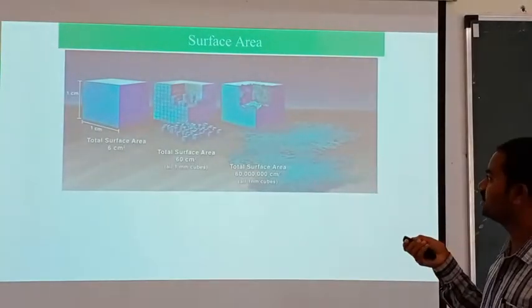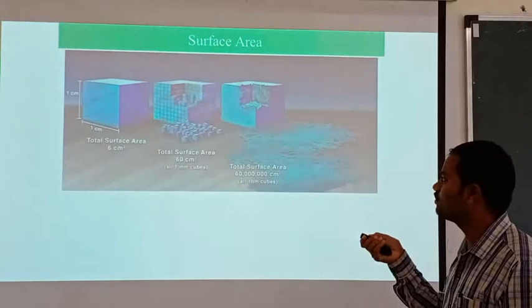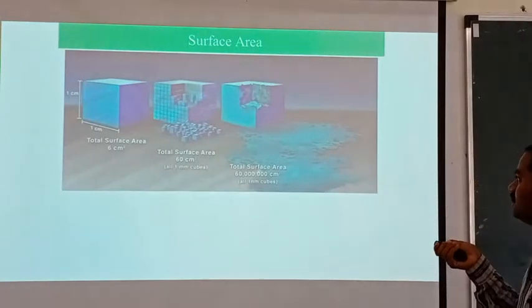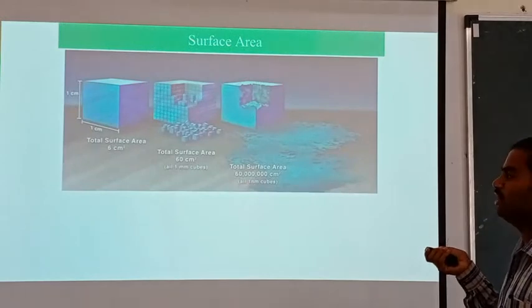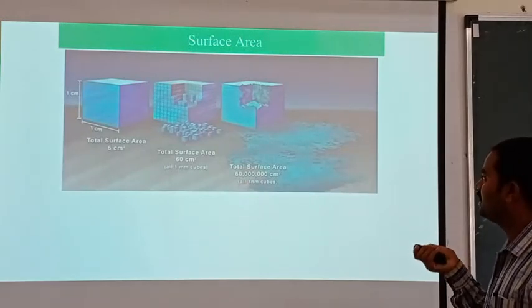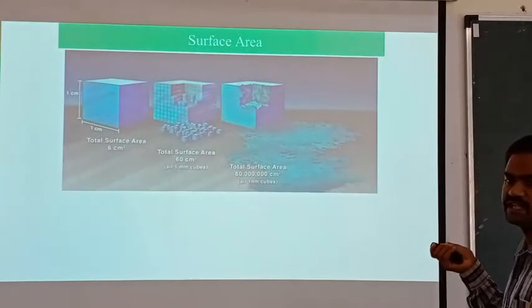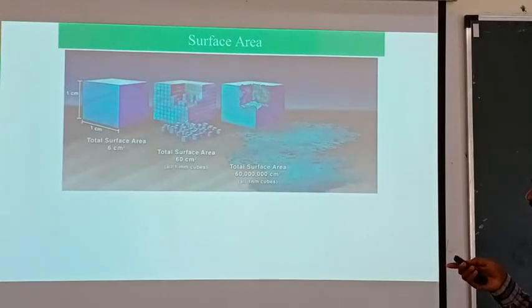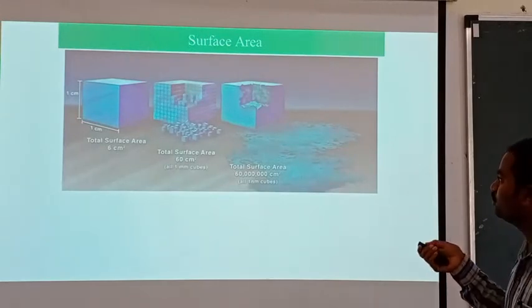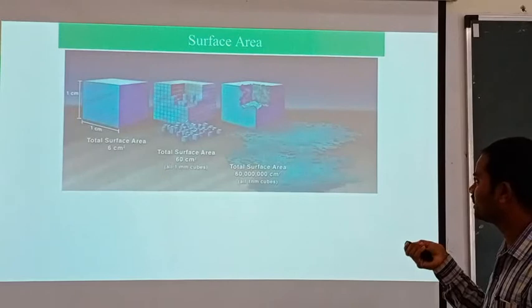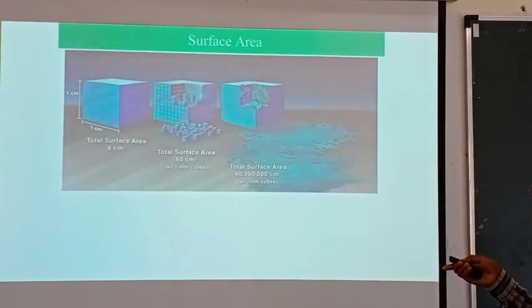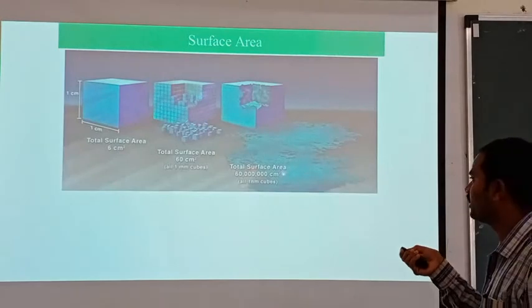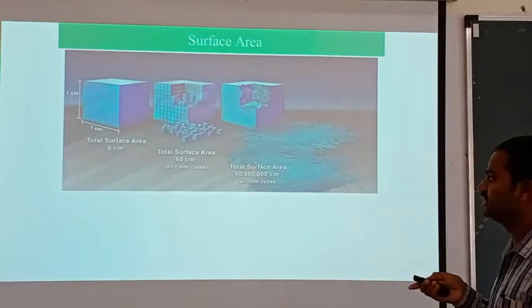Again you cut down these 1 mm cubes into smaller particles having dimension on the 1 nanometric scale. You will find 60 crore cm², a large surface area. That's the beauty. When you cut down to smaller objects, most of the atoms are present on the top surface. That's why the total surface area of that material increases tremendously.